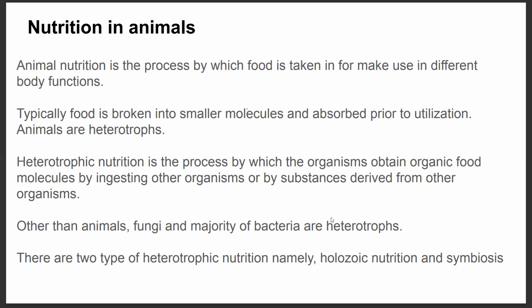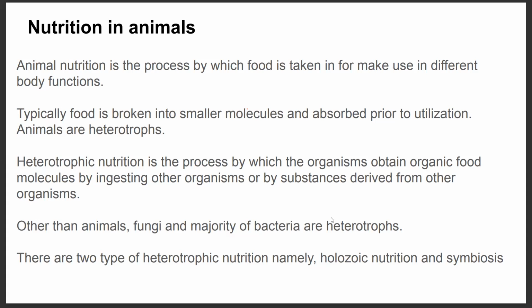Now look at this one. Animal nutrition is the process by which food is taken in for use in different body functions. You know, food is a basic need. So the process through which the animal body obtains the nutrients required for the existence of our life is called nutrition.